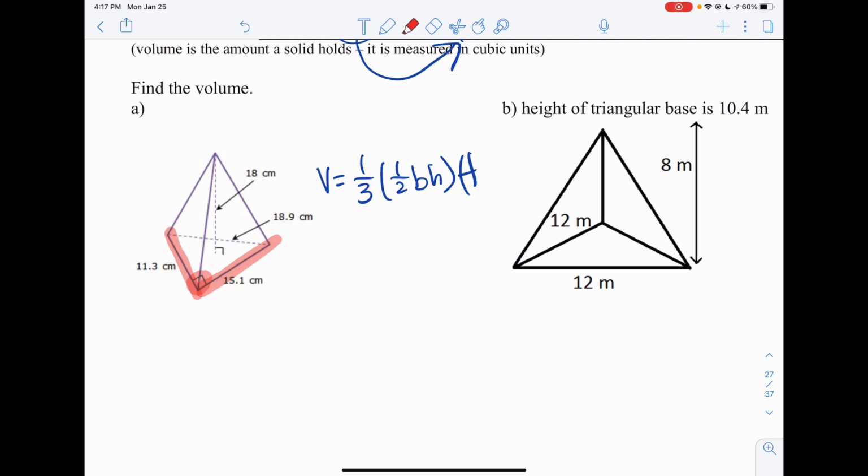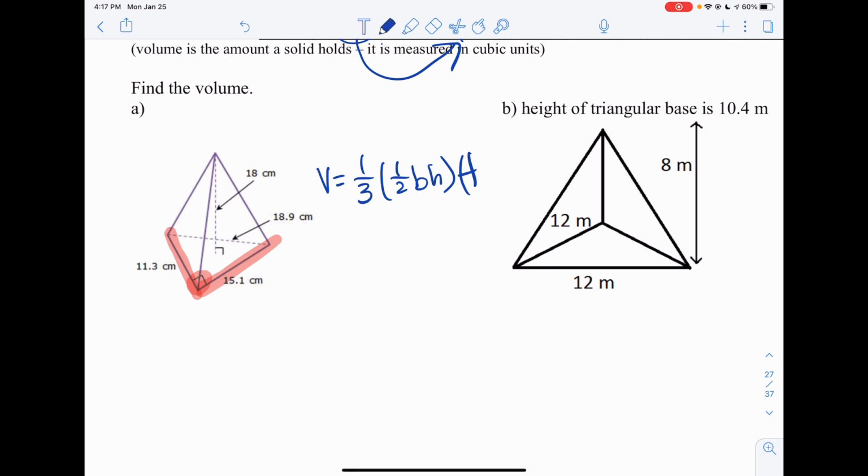This is a right triangle. Remember, with Pythagorean theorem, we knew that L shape, or wherever that right angle is, is going to be our legs, which is the base and the height of my triangle. Okay, so that's what we're actually going to plug into the lowercase b and h.